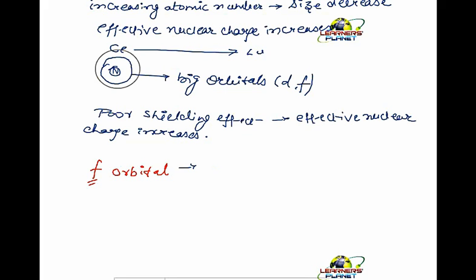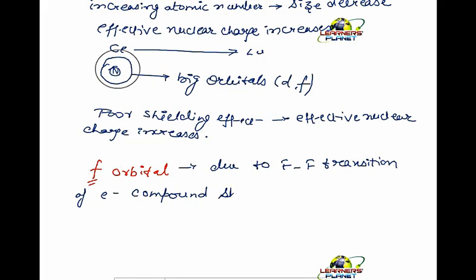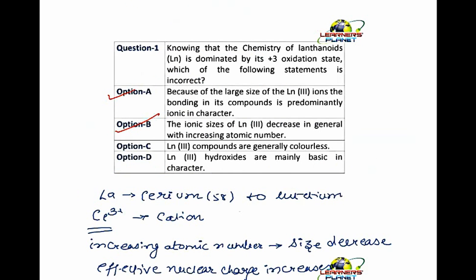So what happens? Due to the f-f transition of electrons, the compound shows color, like the transition elements.